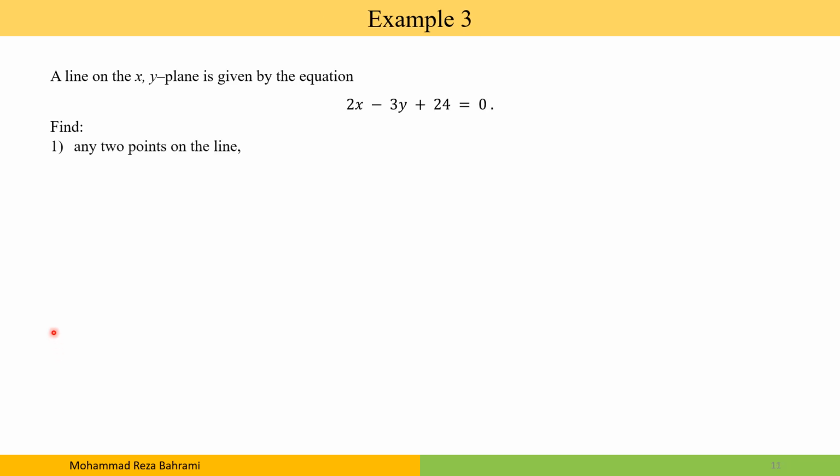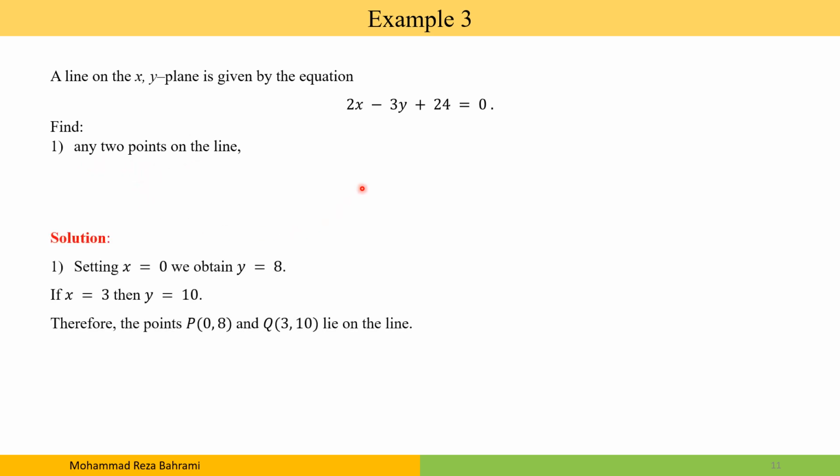Let's look at this example. A line on the xy plane is given by the equation 2x minus 3y plus 24 is equal to 0. Find any 2 points on the line. In this case, we can simply substitute x equal to 0, so we obtain y equal to 8, and vice versa.